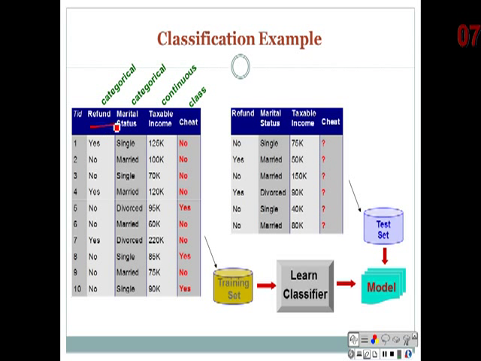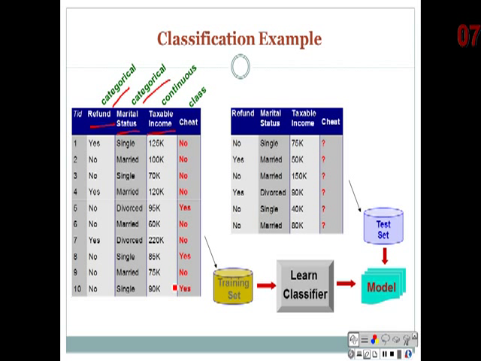The first attribute is refund, and since it is yes or no, it's only a binary value, so it is a categorical value. The second one is also a categorical value. It has three values, single, married, or divorced. The third attribute is taxable income.